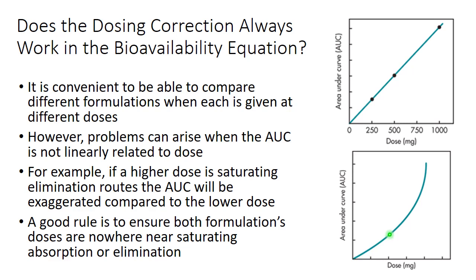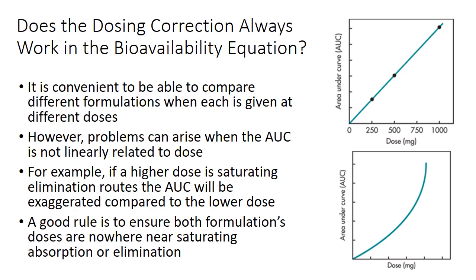But if the FDA knows that once you go beyond this, the dose is no longer linearly related with the AUC, they may not allow that equation to be used. They may require you to actually change the dose, which would be the easiest thing to do, to replicate the dose from the reference product data, rather than trying to fit an equation to this curve.